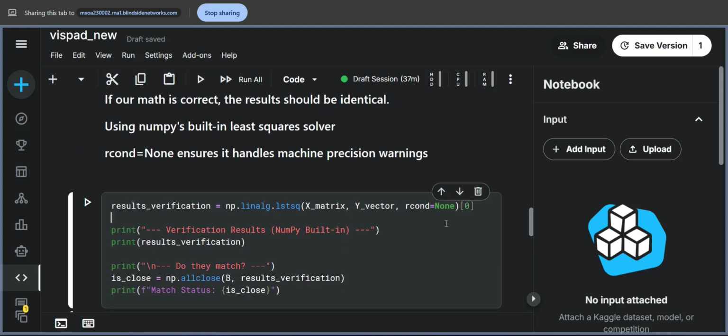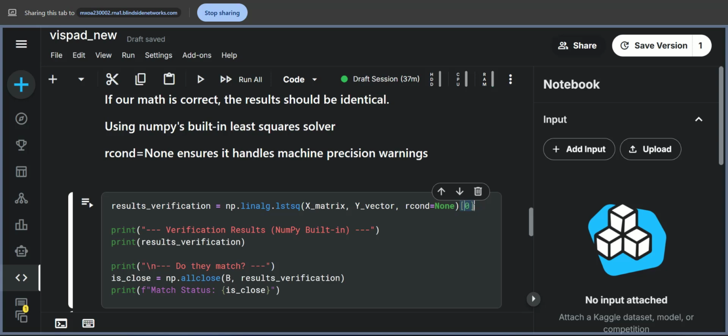So the result from the linear algebra function returns, I think, three elements. The first one are the b values. The second one is the rank, and then the third one is another element that I've actually forgotten.